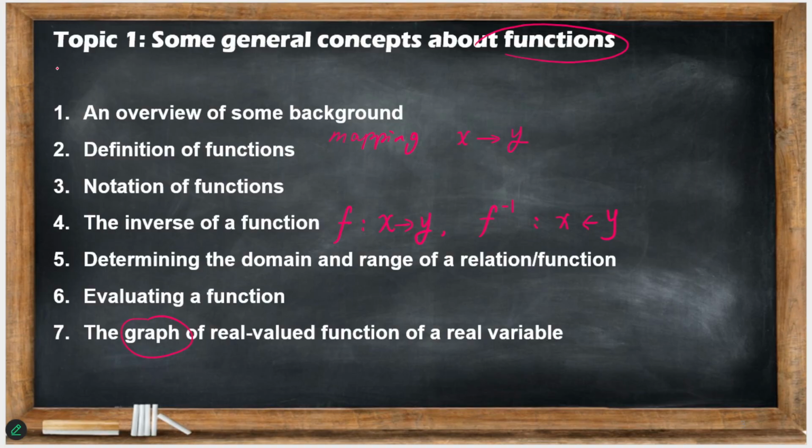Definition of a graph, a real valued function of a real variable: the graph is actually a set of all points that satisfy the expression of the function. We have also talked about, given a function, how to find its inverse.